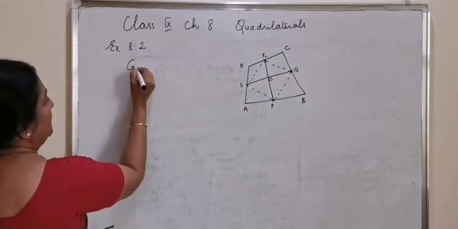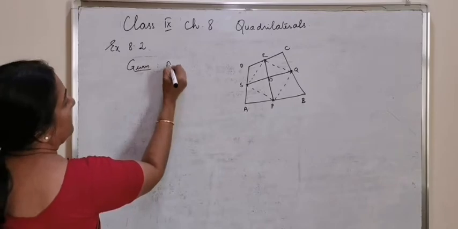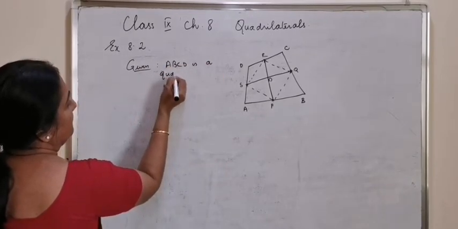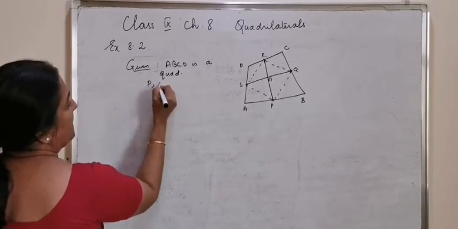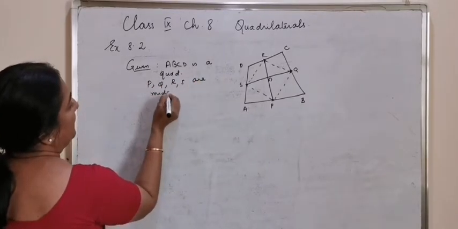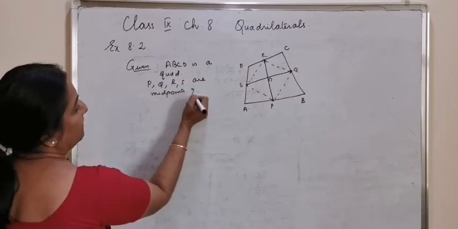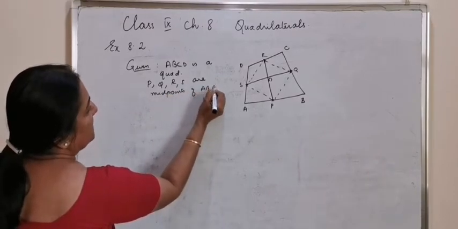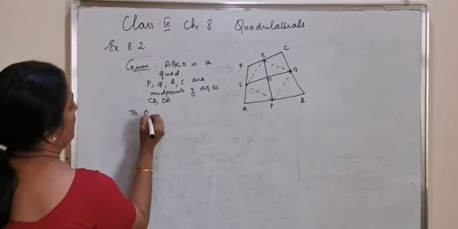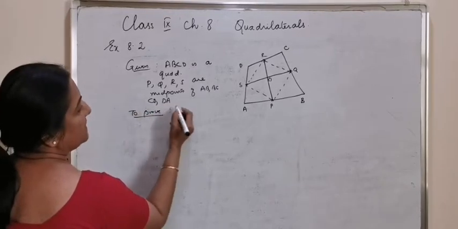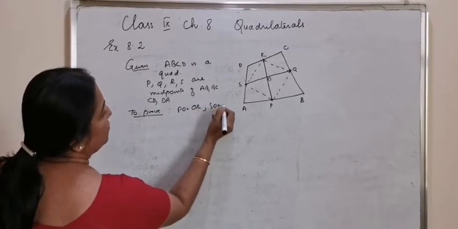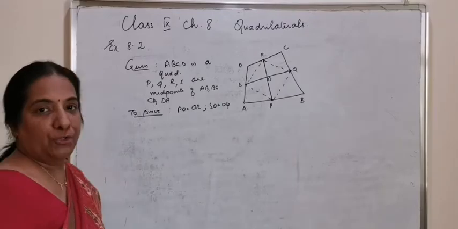So, given ABCD is a quadrilateral, P, Q, R, S are midpoints of AB, BC, CD and DA, and what is to prove is PO is equal to OR and SO is equal to OQ.